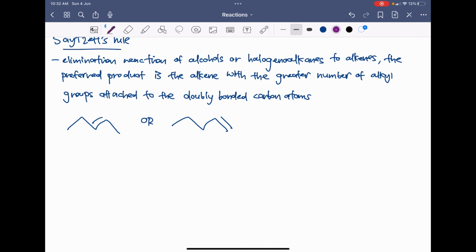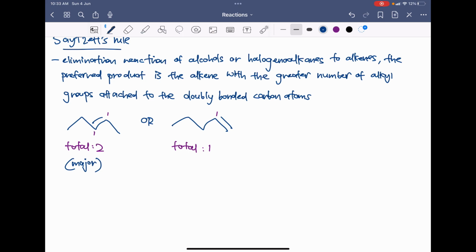This carbon atom has the doubly bonded carbon atom. You have one alkyl group here and you have one alkyl group attached to C here. So in total you have 2. But for here, it's only 1 and the other carbon atom is bonded to 2 hydrogens. So in total, you only have 1. And that's how you derive this to be the major product. This is the preferred product formed.